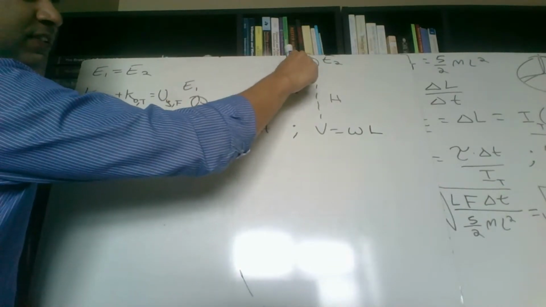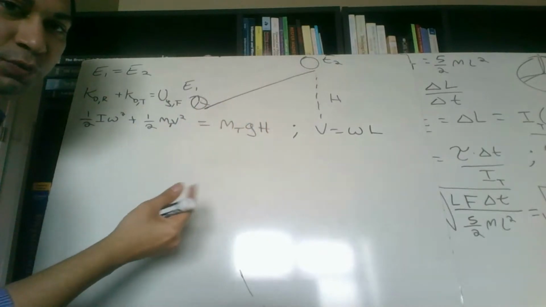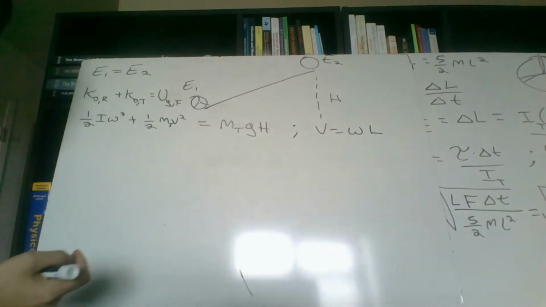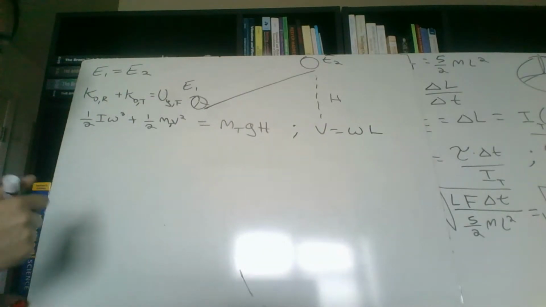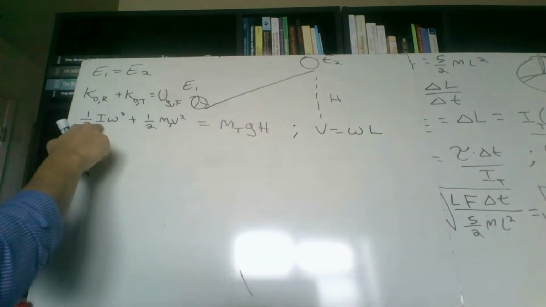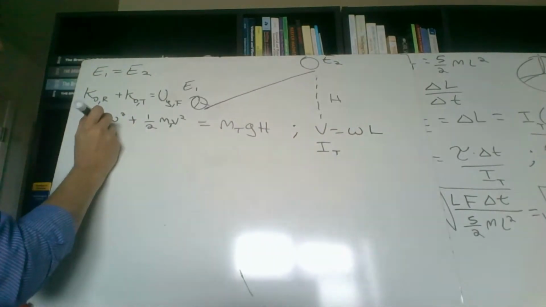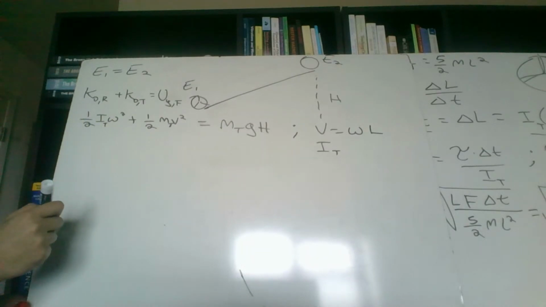Remember, the distance from the center to here is one distance of a spoke, which is L. So omega times R, or in this case, R is equal to L. And I is I total, which we've already solved for.